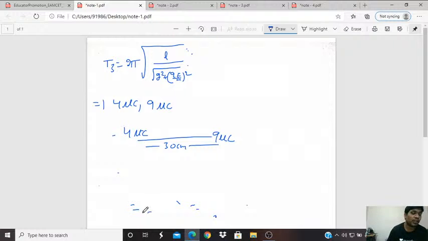Find the point where the strength of the field is 0. What we should find? Where the strength of the field is 0. Strength of the field is 0 means what? Null point. Null point distance, right?